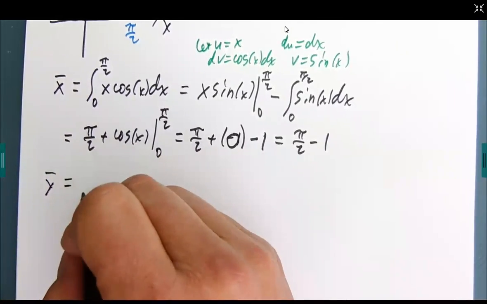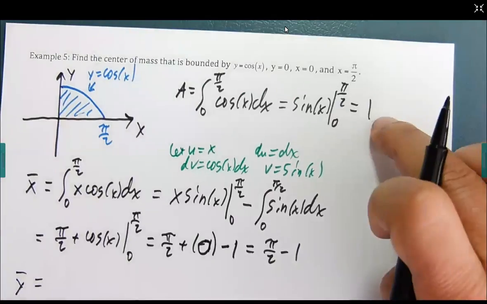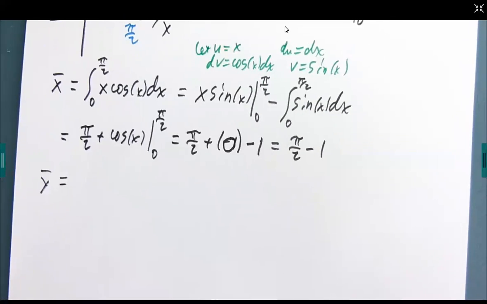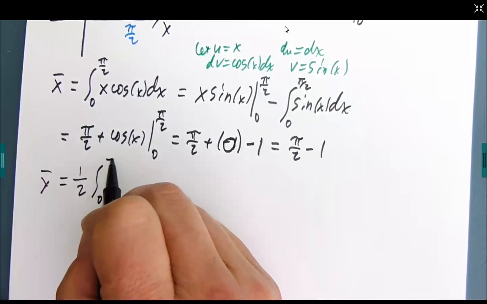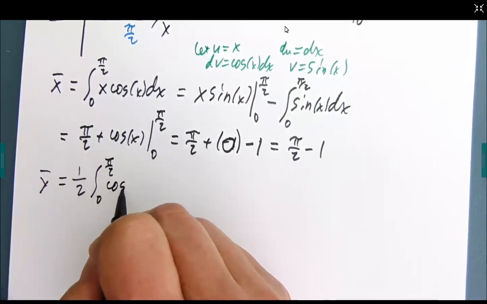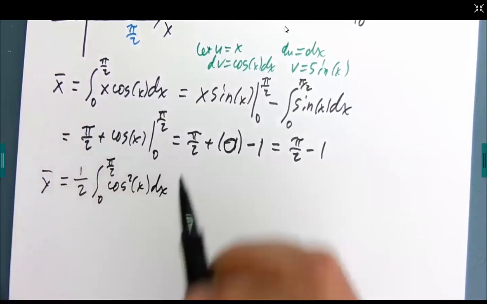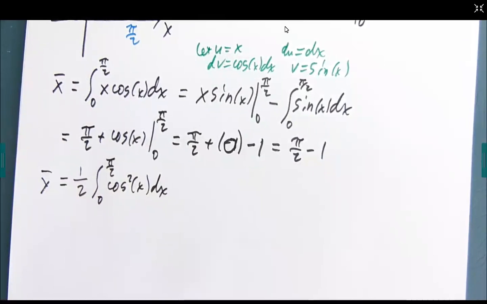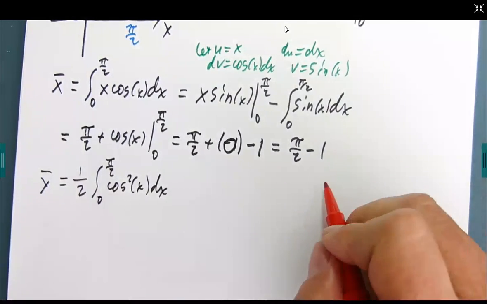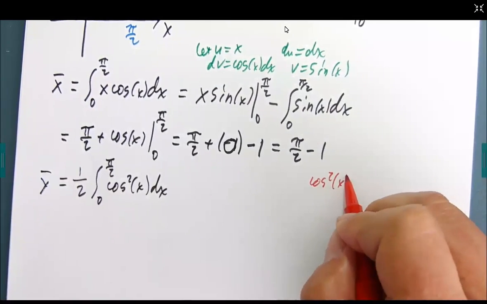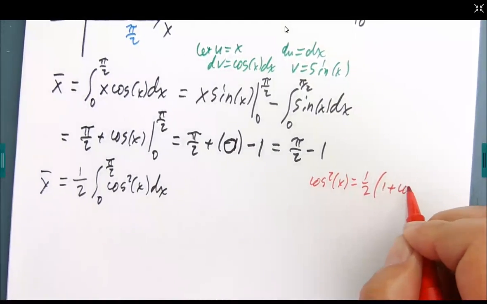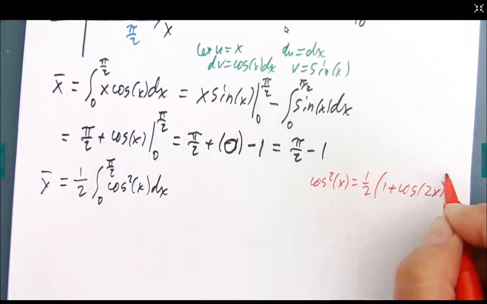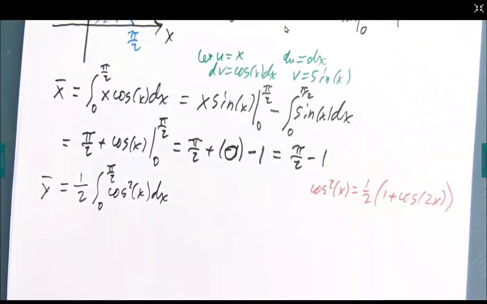Again, it's going to be 1 over a, and a we already know is 1, so we're going to skip that. And this is going to be 1/2 the integral from 0 to pi over 2 of cosine squared of x dx. Well, if you remember, we have that. So I'm going to replace that there.